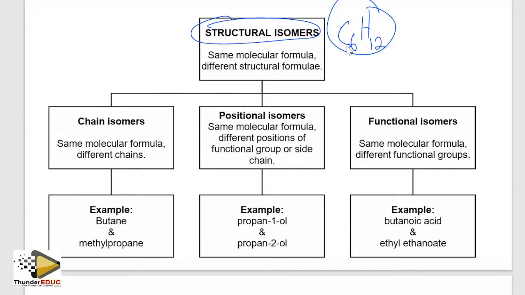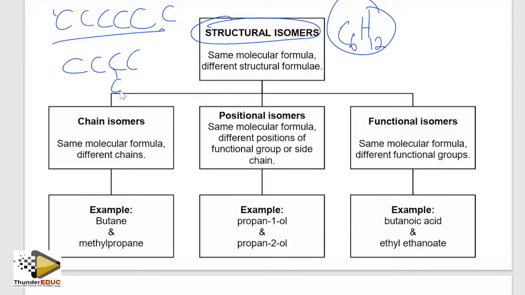This compound can have different isomers if you arrange it in space. For example, it can be 1, 2, 3, 4, 5, 6, a straight chain. It could be 1, 2, 3, 4 and then it has a side group. You see, all these are isomers. So that's what it means: if you arrange them in space, they form different structures. You understand? That's why we call them isomers.